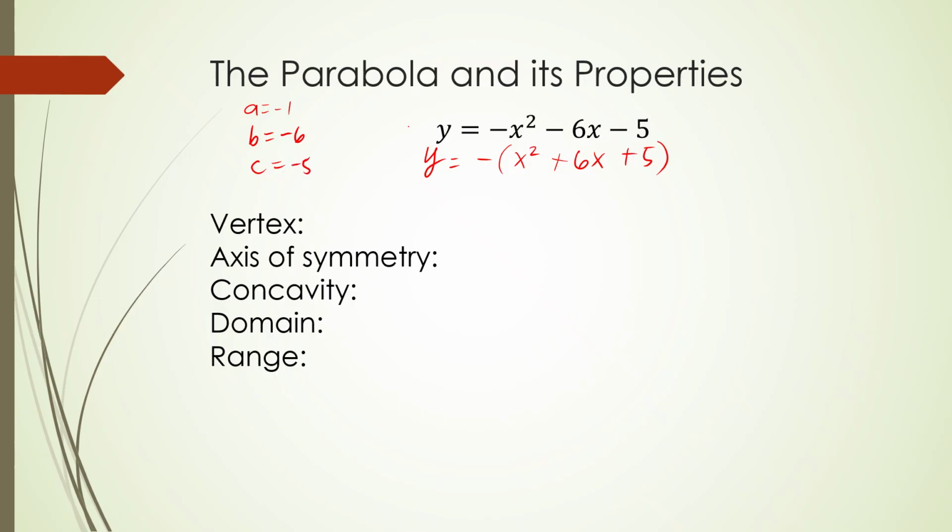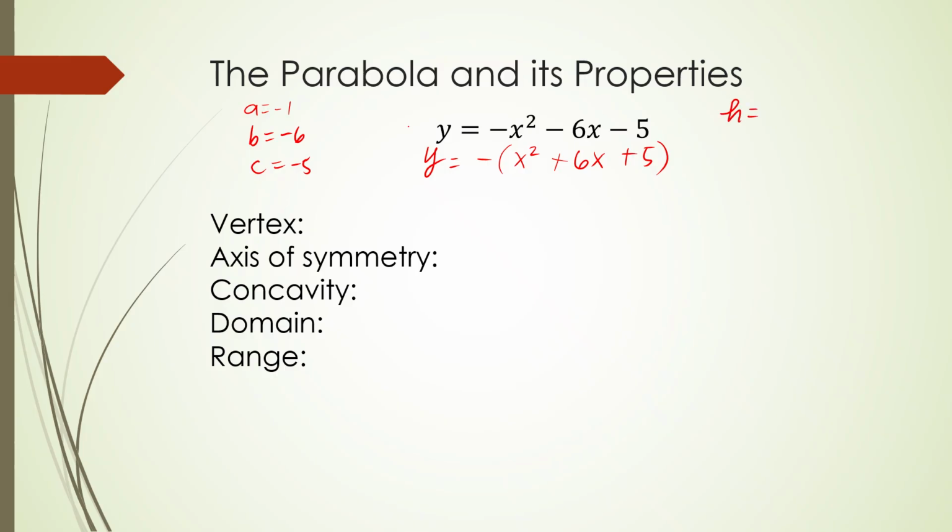Now, use again the formula h and k. But before that, kindly pause the video to solve for the value of h and k. When you're ready, please resume this video. Done already? Let's see if your answers are correct.